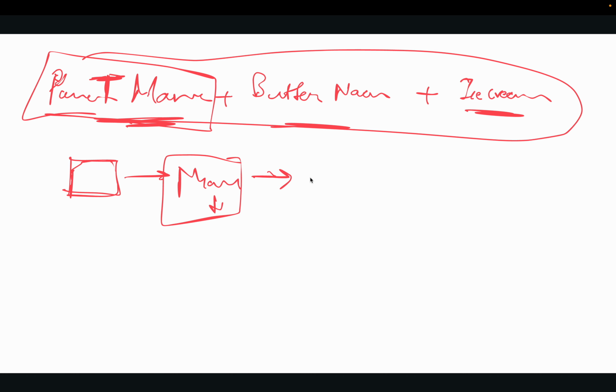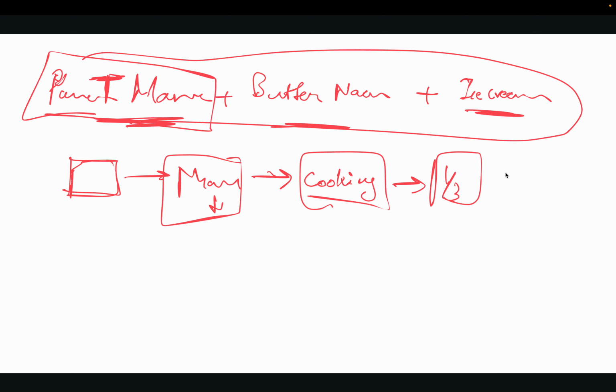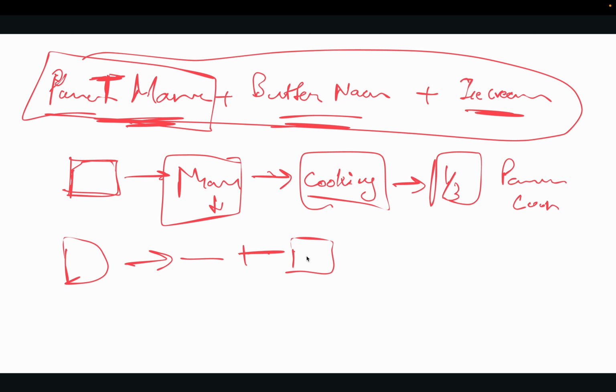Then comes the cooking part, frying and so on. Then one part is done, 1/3, the sabji is cooked. But for butter naan, again there is some process, roti, adding maida, cooking it. Then at the end we can say 2/3 of the work is done.